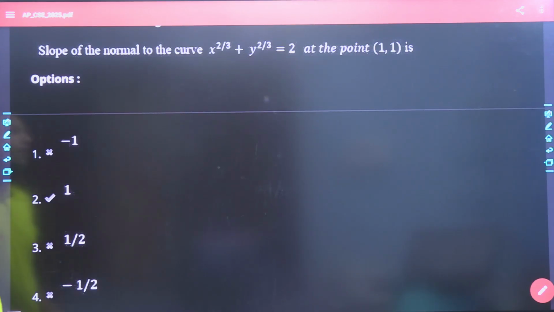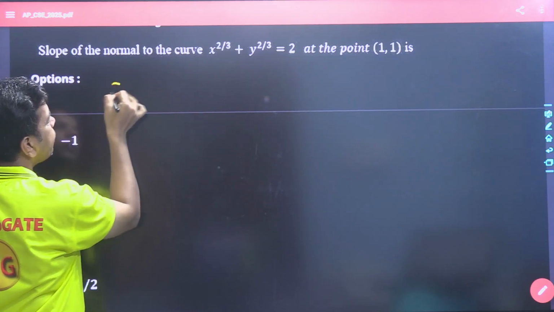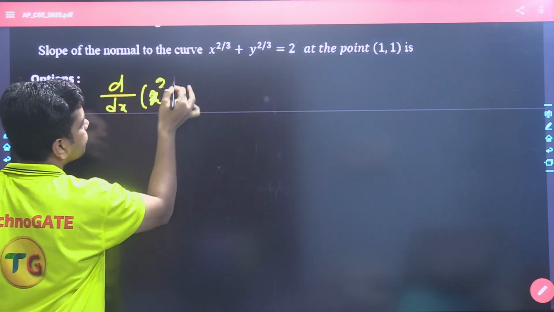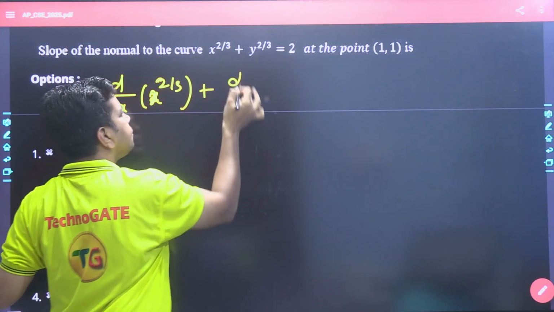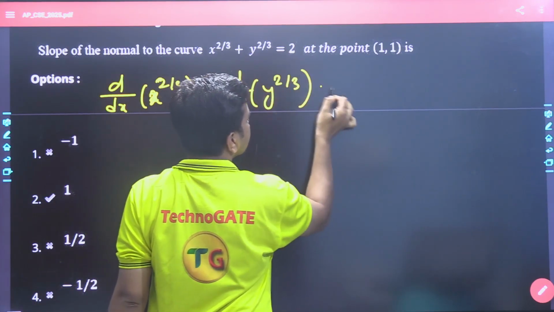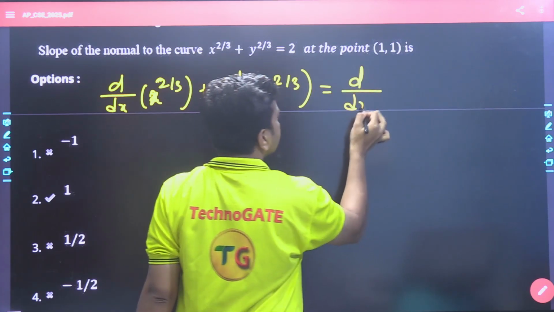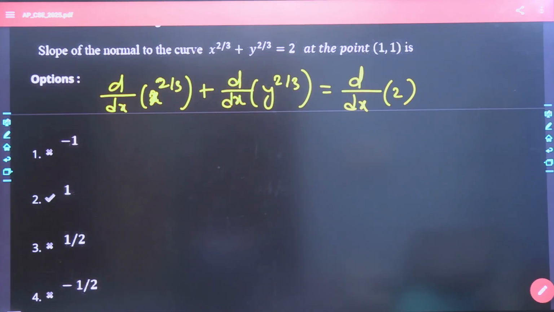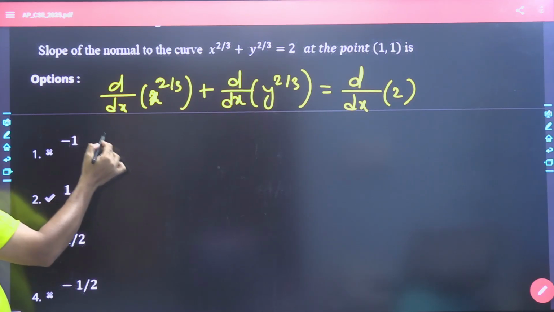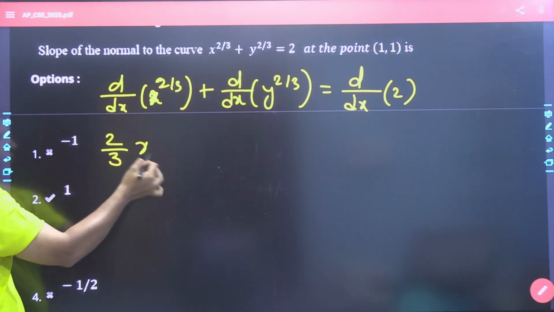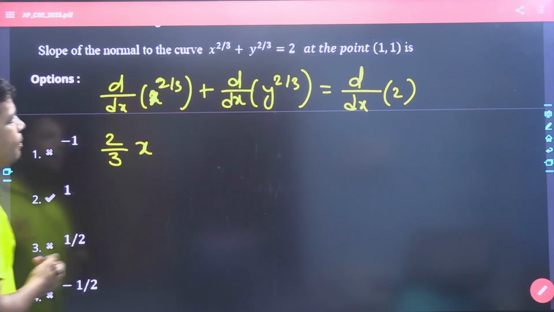Let's see, I am going to take the differentiation of the equation d by dx with respect to x. x to the power 2 by 3 minus 1.